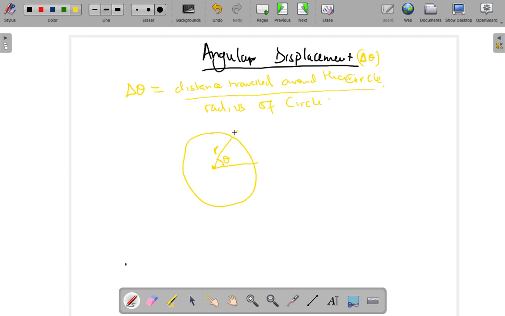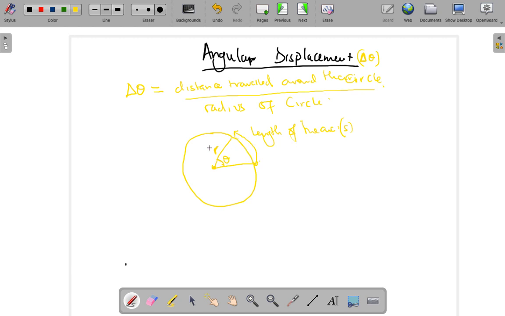So this part here is the length of the arc, and we normally give it the letter S. S is not a unit, it's just a symbol that represents the length of the arc, this part here.